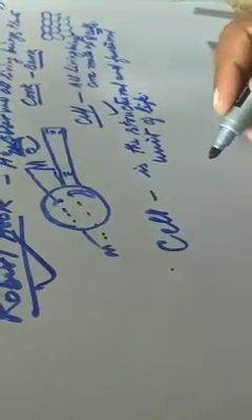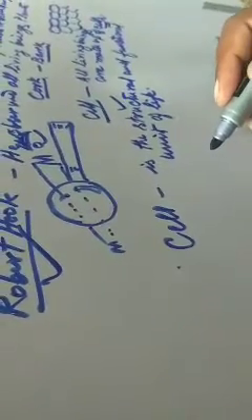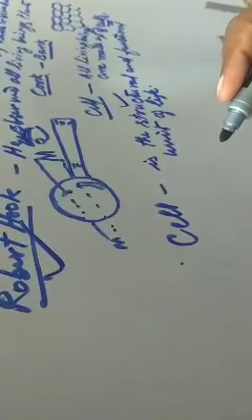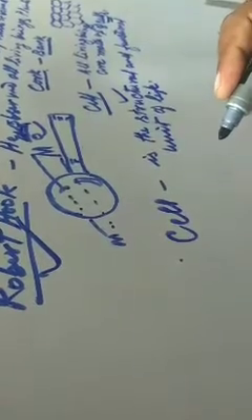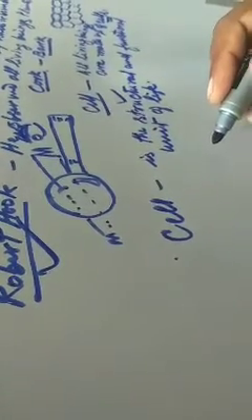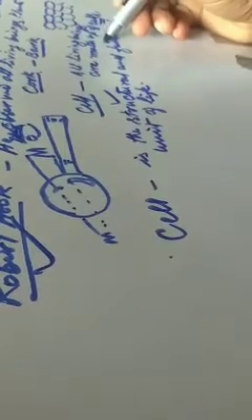So structural means whatever structures you see, they are made up of cells, and whatever functions you see that are carried out or exhibited by a living being, they are also taking place at the level of the cell.